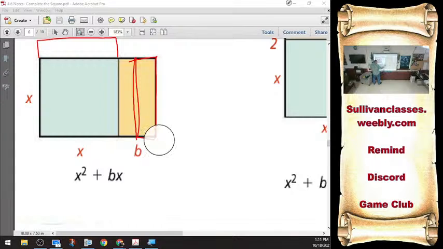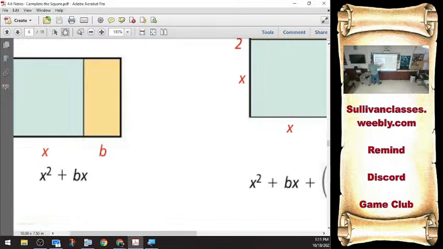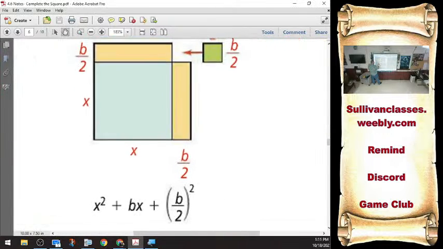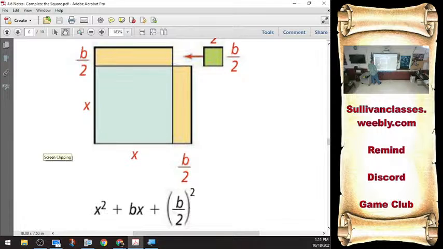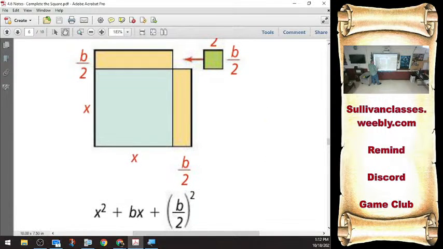That's what the next part is. I cut that b in half, that wedge, and I put it up here. See, the problem with that is I'm missing this little square in the corner. I'm missing whatever the perfect number is that's going to turn it into a square.